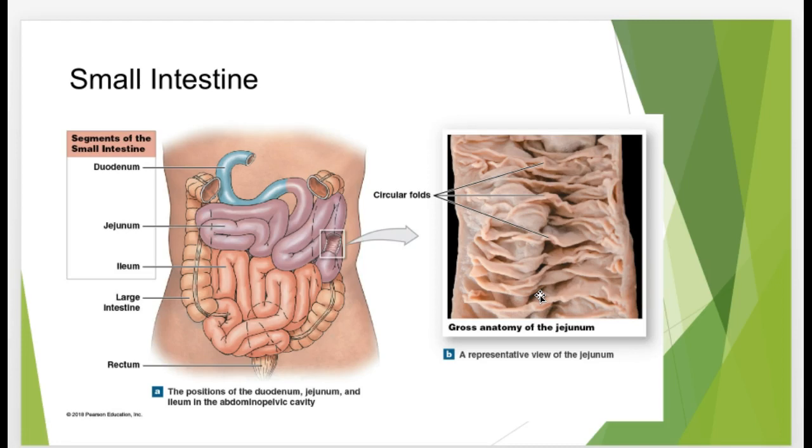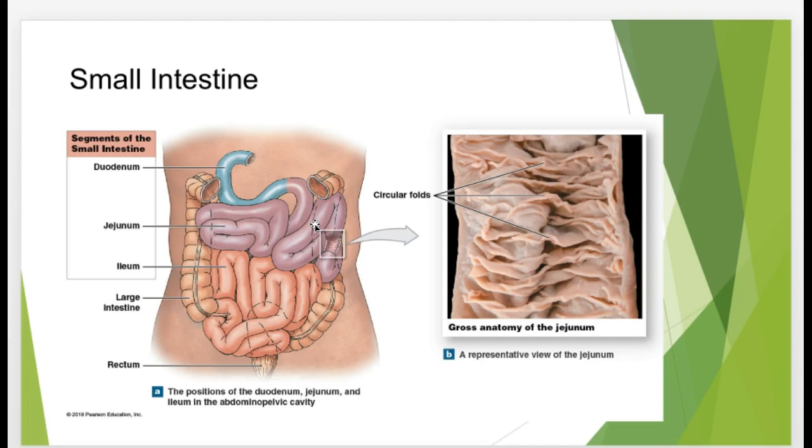We need that increase in surface area because the whole point of the small intestine is to absorb our fats, our carbs, and our proteins. We still get a little bit of digestion here in the duodenum, but once we get into the jejunum, it is all about absorption of our nutrients. Right? That's the whole point of the small intestine.